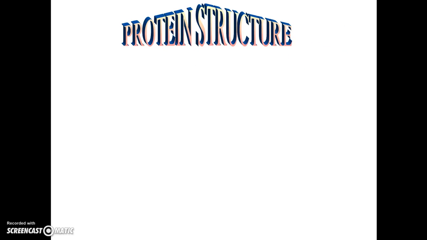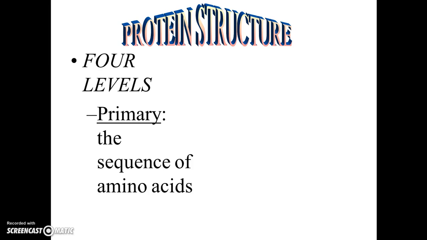The last thing we are going to discuss is called the level of protein structure. There are 4 levels. They are named primary, secondary, tertiary, and quaternary. We are going to do them each individually. It's pretty simple stuff. The primary level simply tells you the sequence of amino acids.